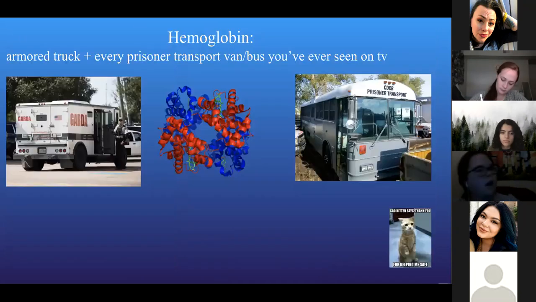So here's a way that I like to think of it. Hemoglobin isn't just for oxygen transfer. It's a little bit like an armored truck that's protecting the oxygen until it gets closer to our cells' mitochondria, where we know it goes to work. It's probably a little bit more like a prisoner transport van, the sort of thing you see in every movie, every TV show.